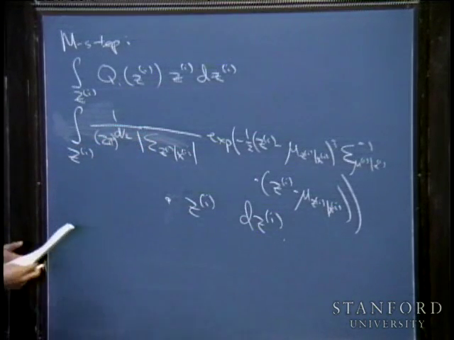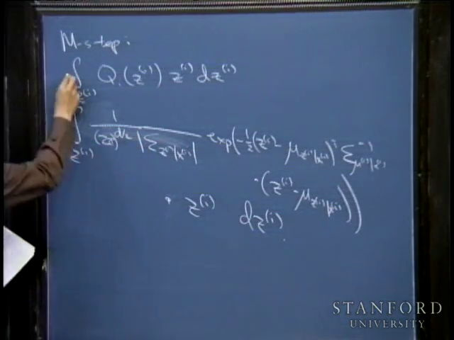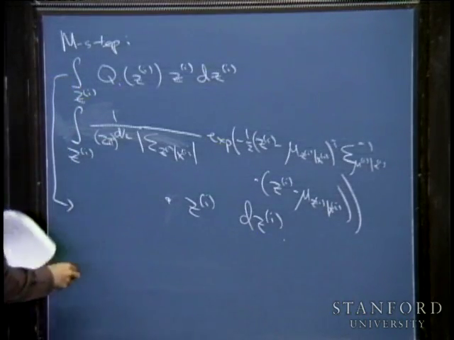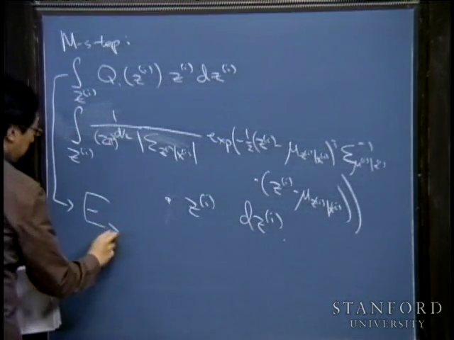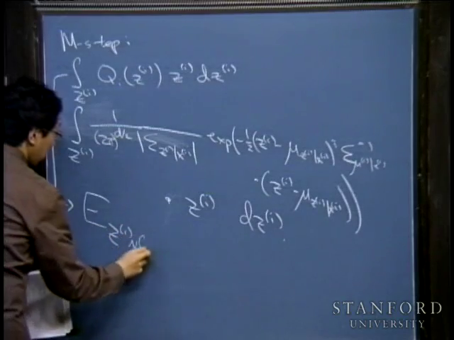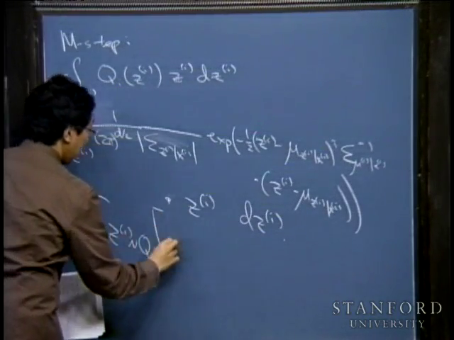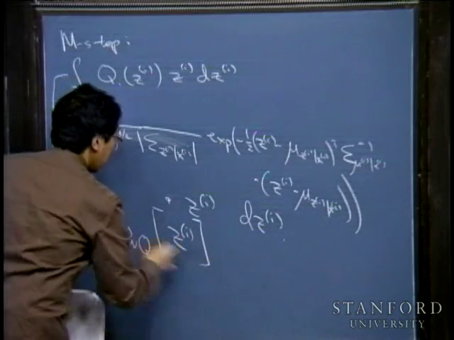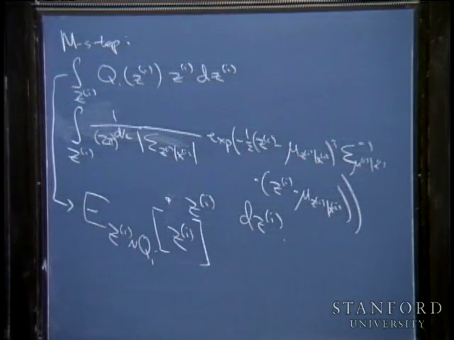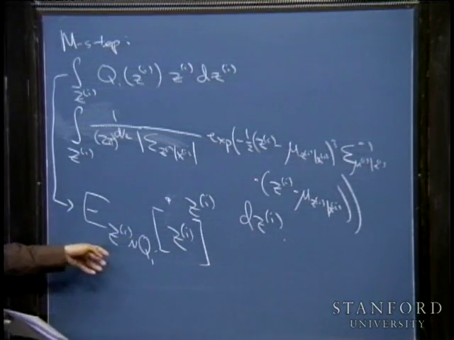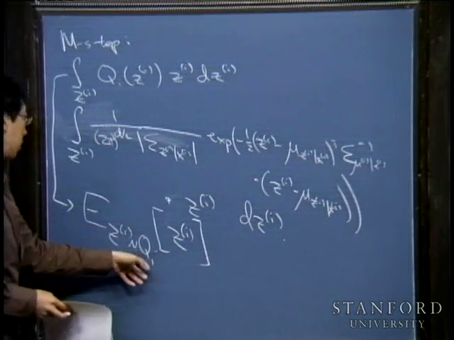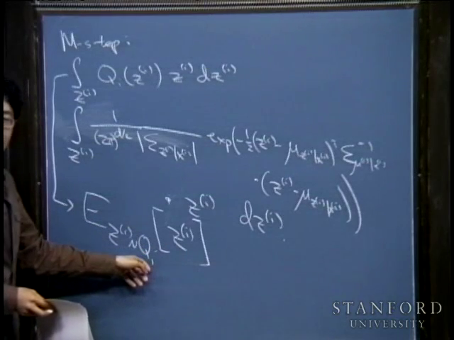By far, the simpler way to evaluate this integral is to recognize that this is just the expectation with respect to Zi drawn from the distribution Qi of the random variable Zi. And once you write it out this way, you notice that this is just the expected value of Zi under the distribution Qi.